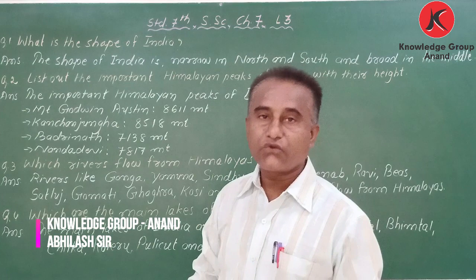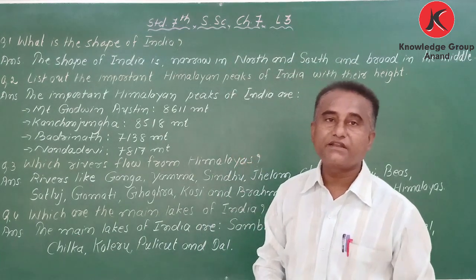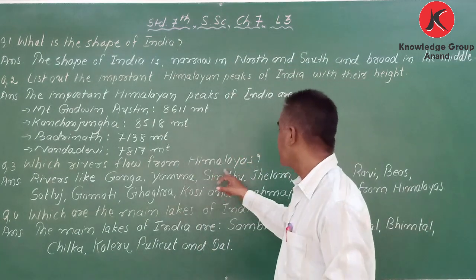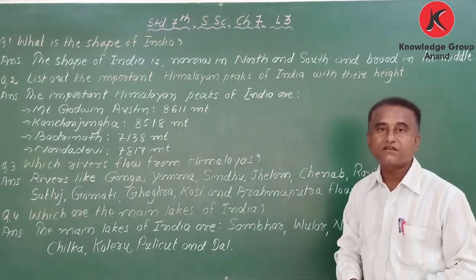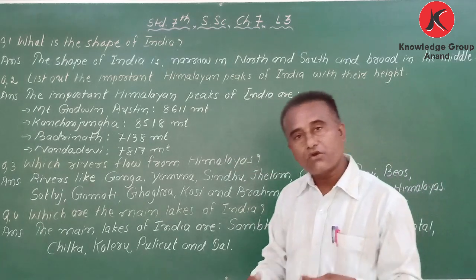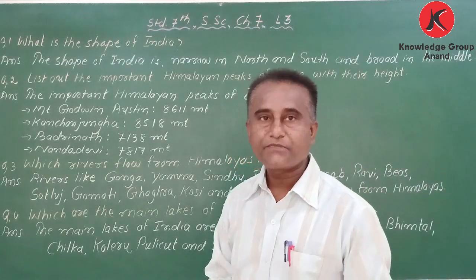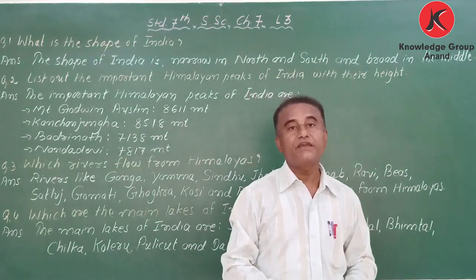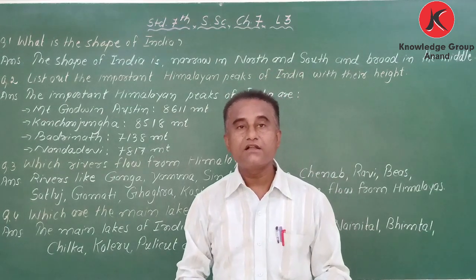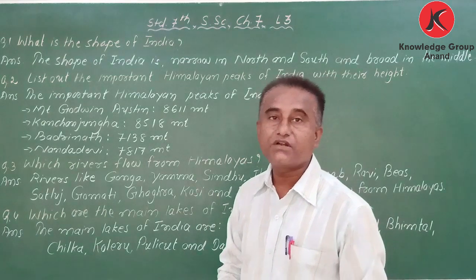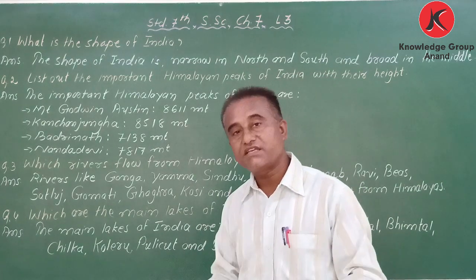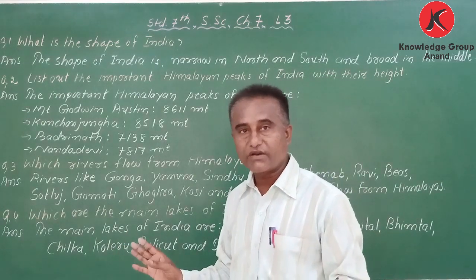Which rivers flow from the Himalayas? Which are the main rivers of North India? Same question. If I ask which are the main rivers of North India, otherwise which rivers flow from the Himalayas, same answer, don't worry.